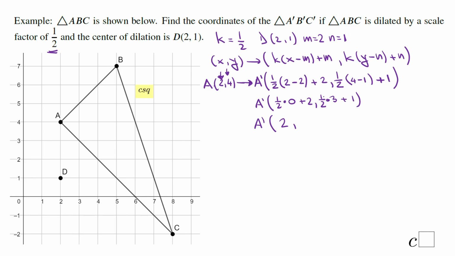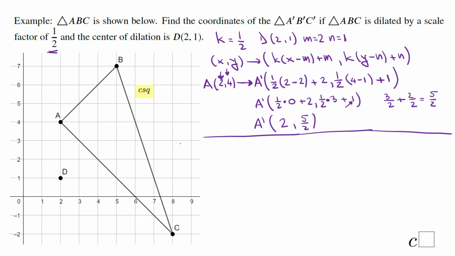What about this one? 1/2 times 3 is 3/2, plus this one, that is 2 over 2. How much is 3/2 plus 2 over 2? That is 5 over 2. And that's it for point A prime.